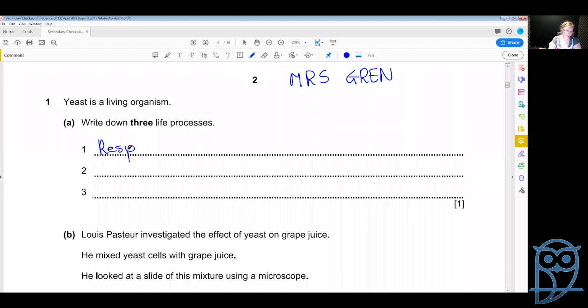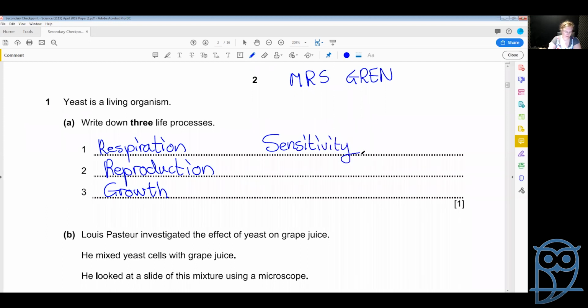So let's start with respiration, reproduction, growth, that's the S, sensitivity. Nutrition, excretion, movement, that's it. Yes. So those are the 7 life processes.